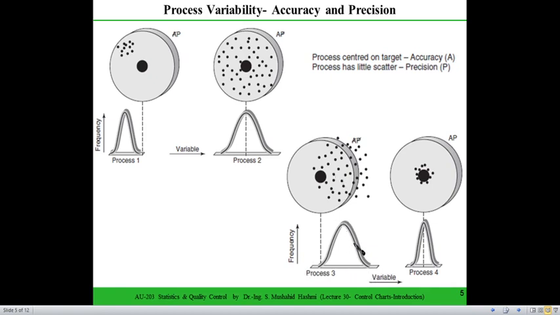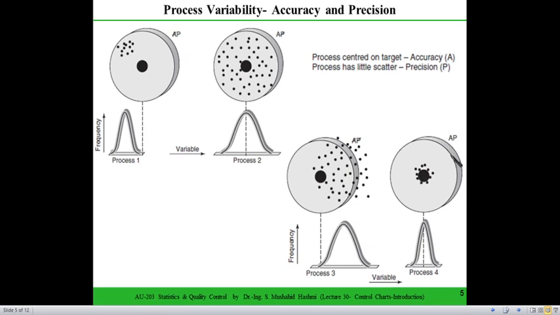So we call it neither an accurate process, having a lot of bias, and at the same time a lot of variability. And then another process, which is accurate as well as precise. The dispersion is much lower, and the bias is also low. That is an ideal case, which is accurate observation and precise observation.